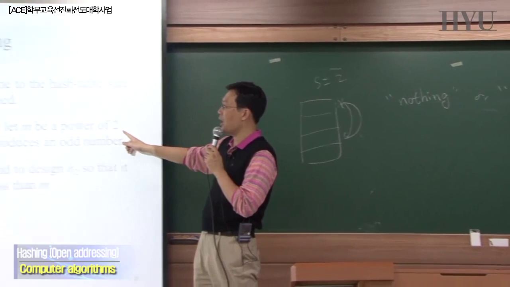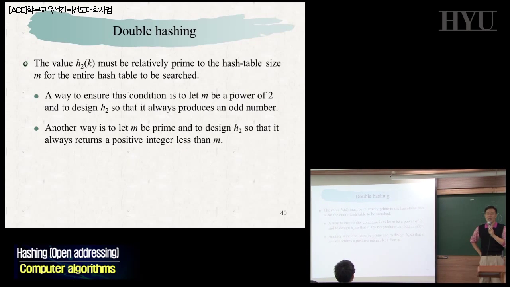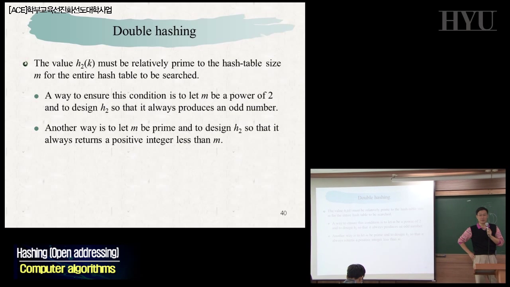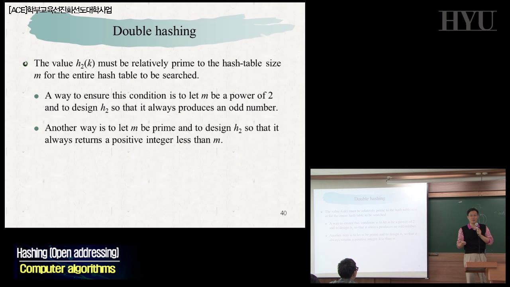And a simple way to ensure this condition is to let m be a power of 2. So table size is a power of 2. And then every odd number is relatively prime to the table size.